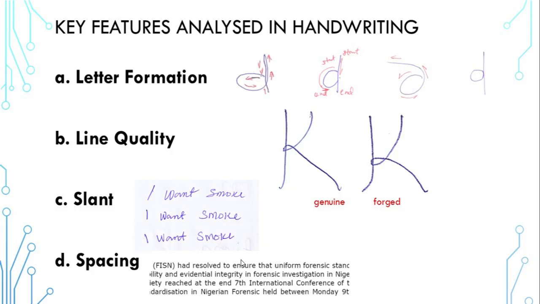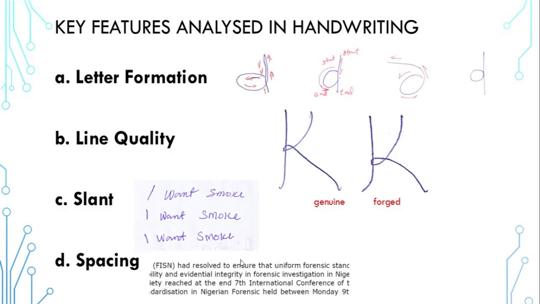So I will come back to that one later so that I won't waste time on it. So we have class characteristics and individual characteristics, and I said that class characteristics can only be used to narrow down our search. They cannot be used to identify a person, the writer or the author.